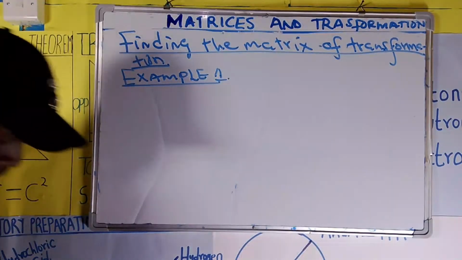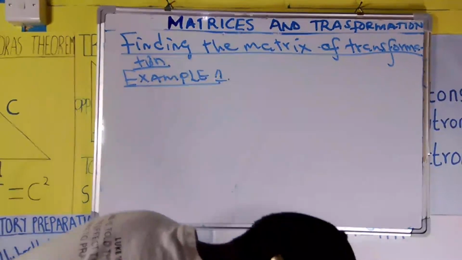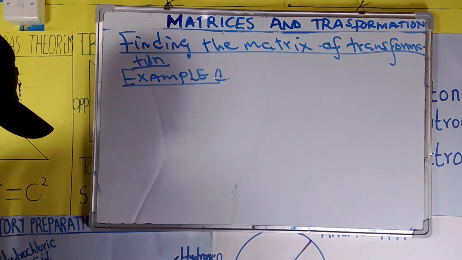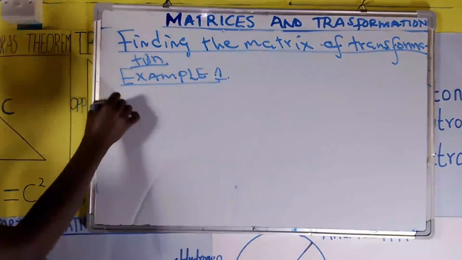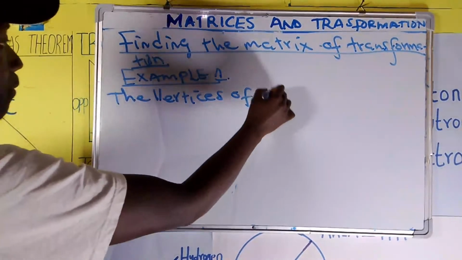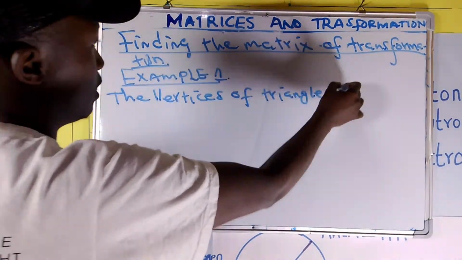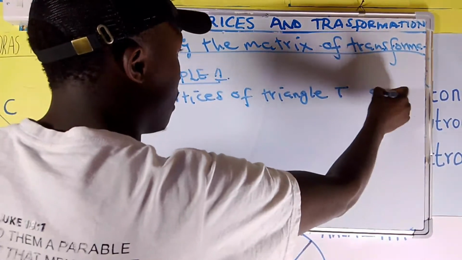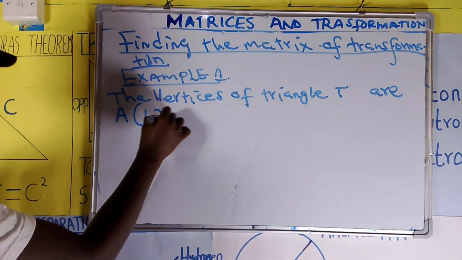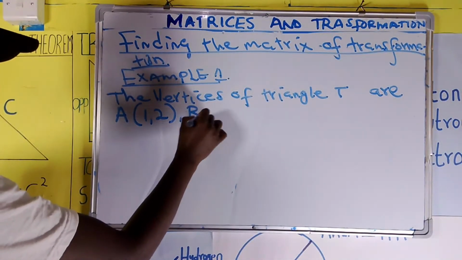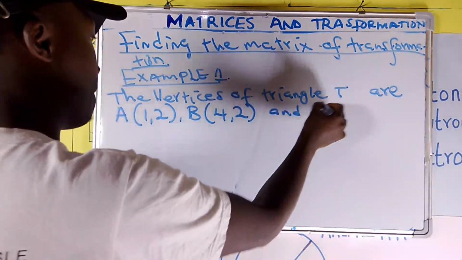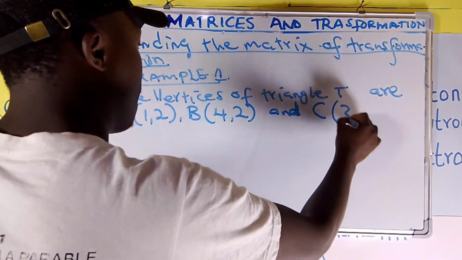So the first example that we are going to do reads: the vertices of triangle T are A (1, 2), B (4, 2), and C (3, 4).